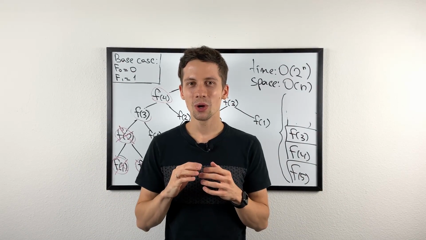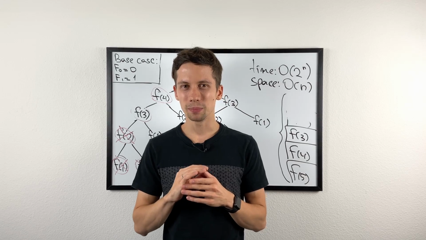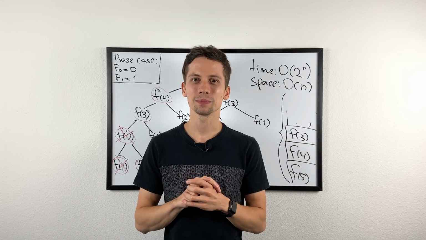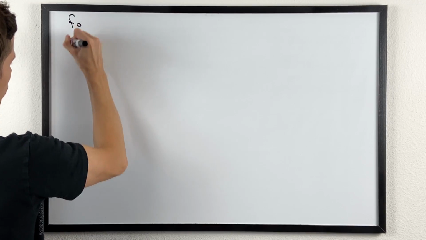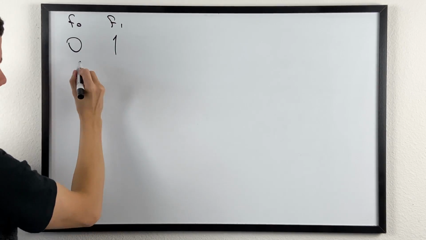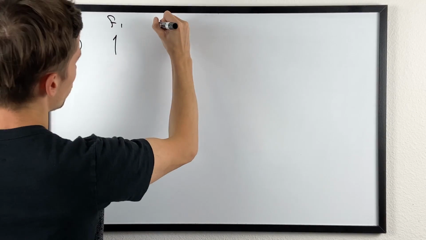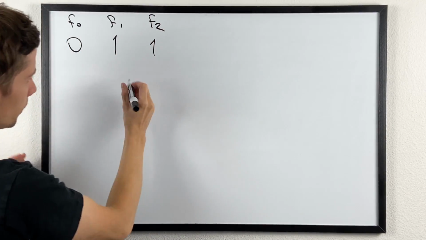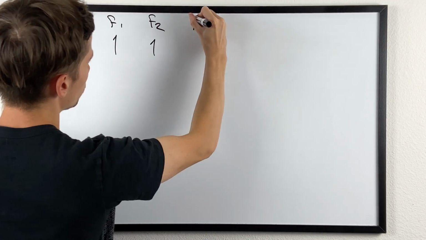In the next video, we will take a look at a slightly more complex but optimized version of this algorithm. For the iterative algorithm, we know the 0th Fibonacci number, which is 0. The first Fibonacci number is 1, so we can simply find the next Fibonacci number, which will be 0 plus 1, 1. And then we can find the next Fibonacci number.